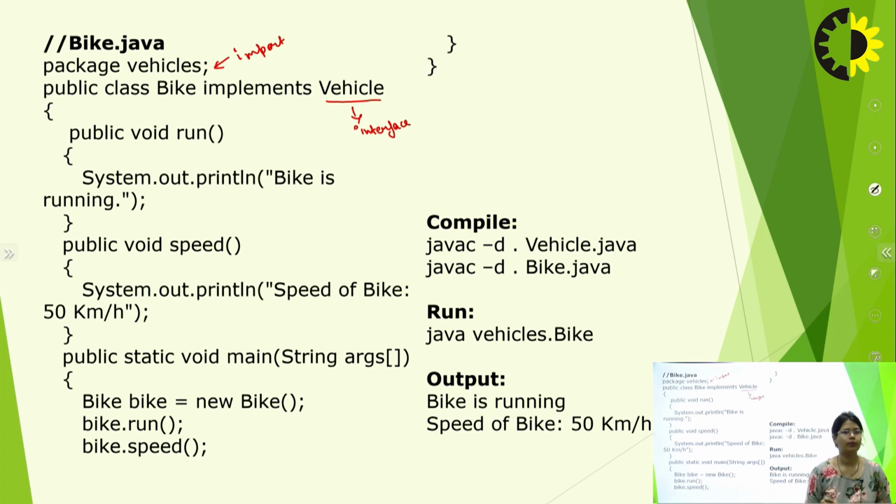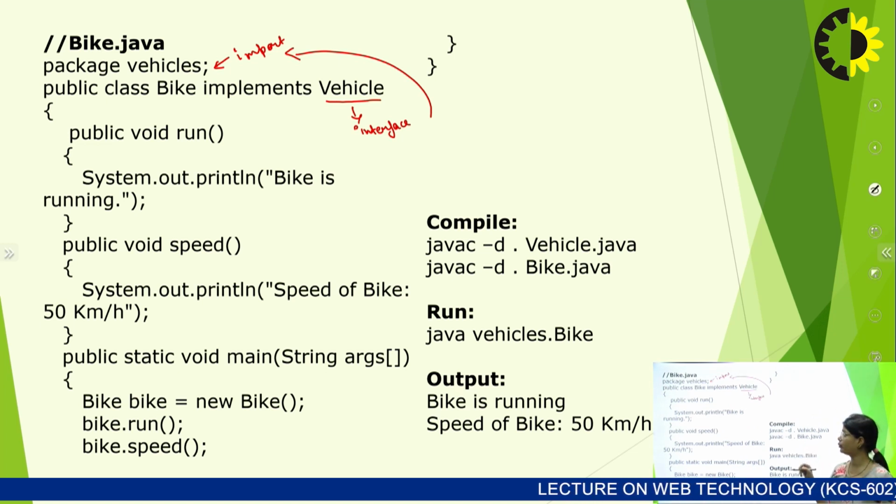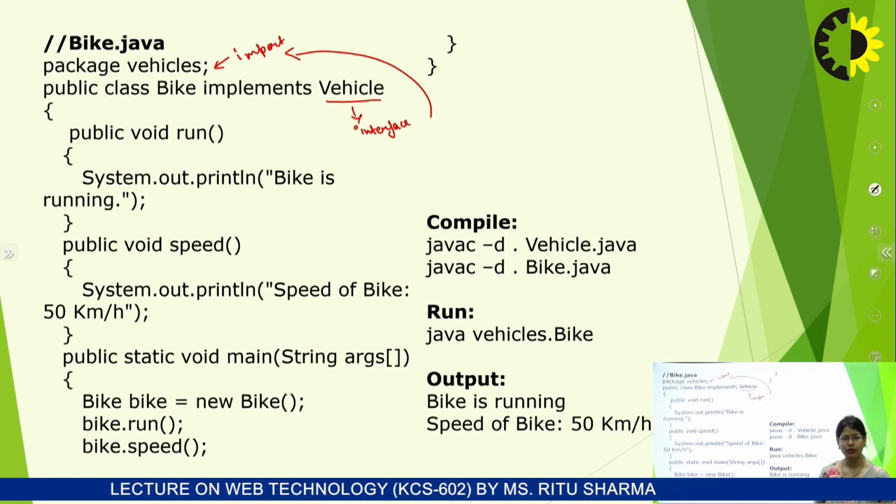So public class Bike implements Vehicle, that is the interface which is in your vehicles package, correct? Now, as we know, in interfaces we do not have the body of the method.